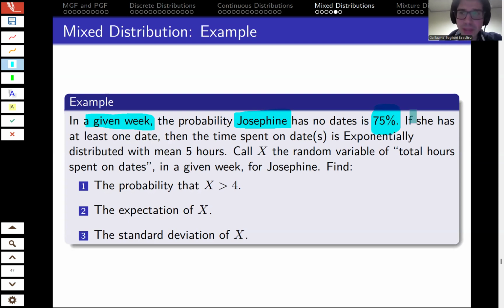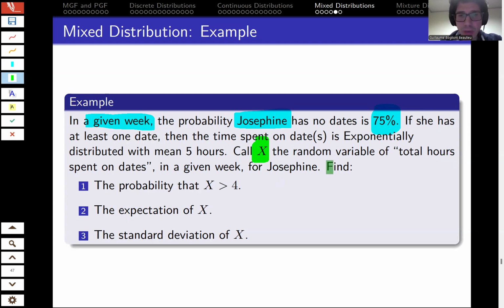Unfortunately for her, but it still leaves 25% of weeks in which she has at least one date. If she has at least one date, then the time spent on dates is exponentially distributed with a mean of 5 hours. So we will call big X the random variable, total hours spent on dates in a given week for Josephine.